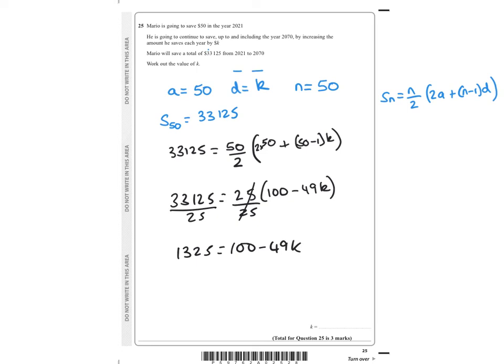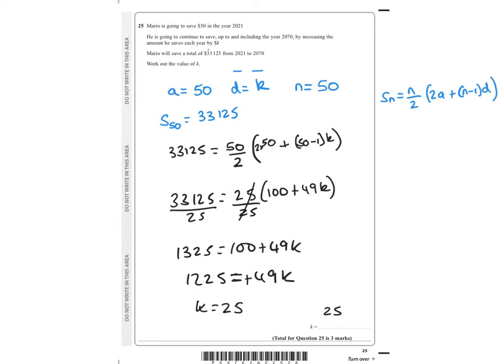Let's take away 100. So we're going to get 1225 equals 49K. Divide by 49. So then K equals 25. Okay, nice, easy, 3 marks.